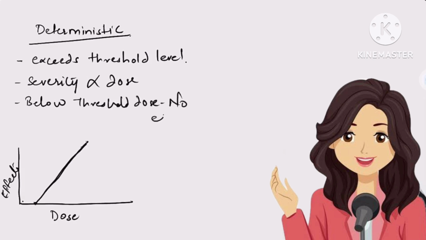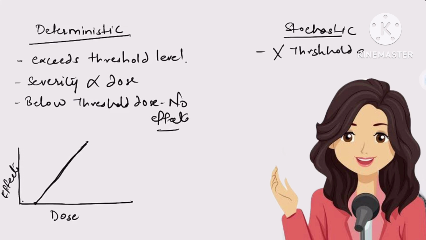no effects are seen. Just write down, this is a very important difference between deterministic and stochastic effects. Stochastic effect does not have any threshold dose. Any small dose can also bring changes, stochastic changes, in the patient.